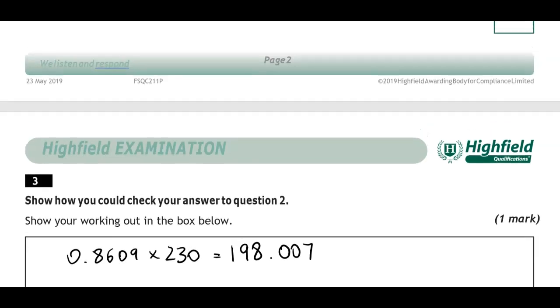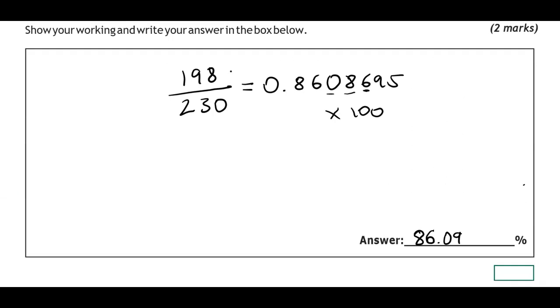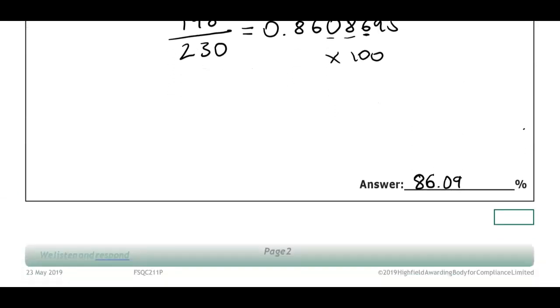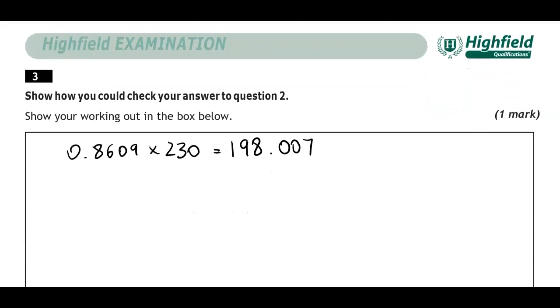So checking now, that is very close to 198, so we've done the calculation correctly.